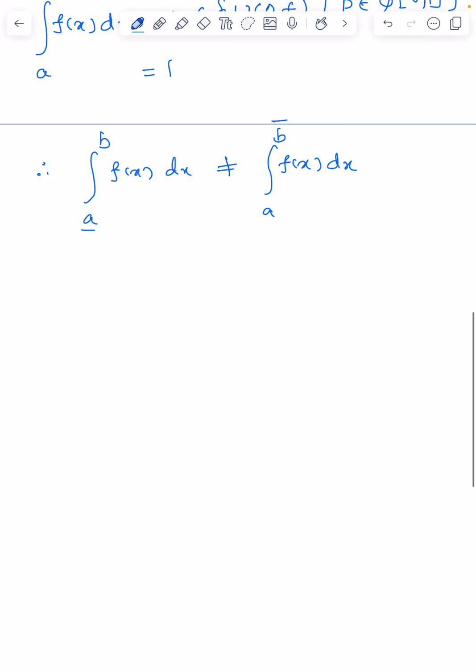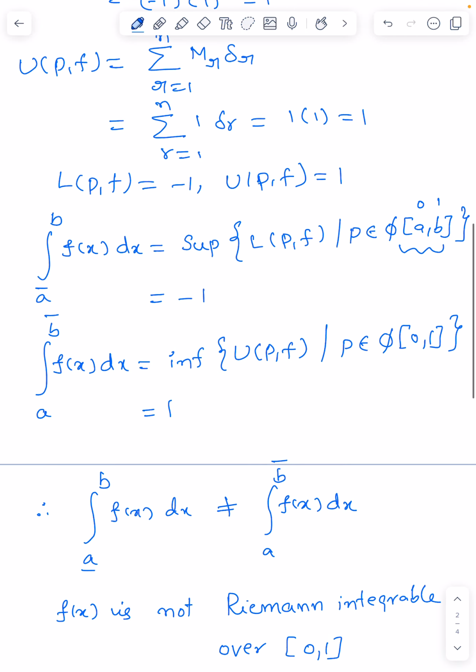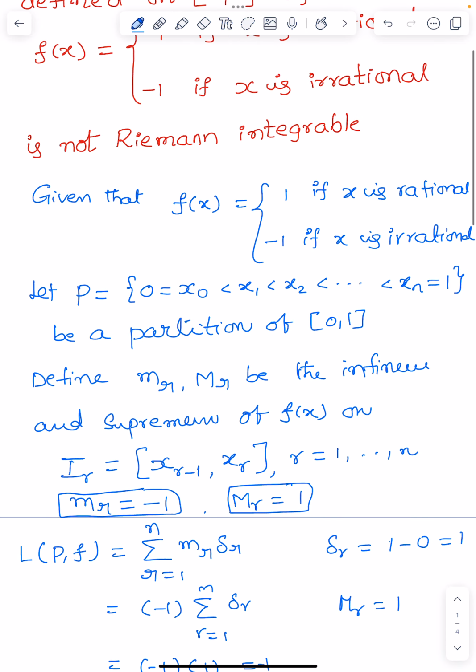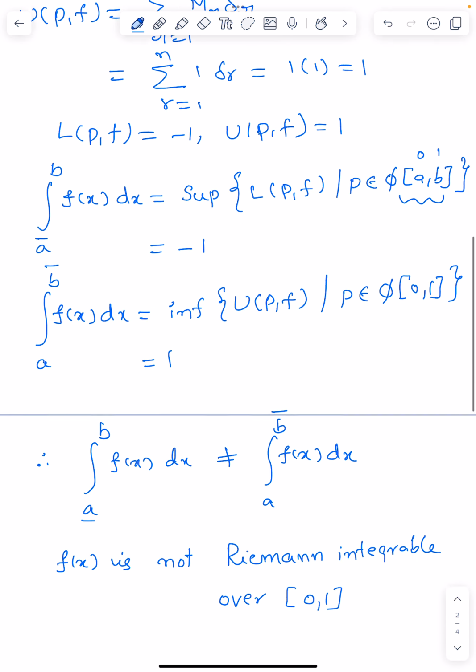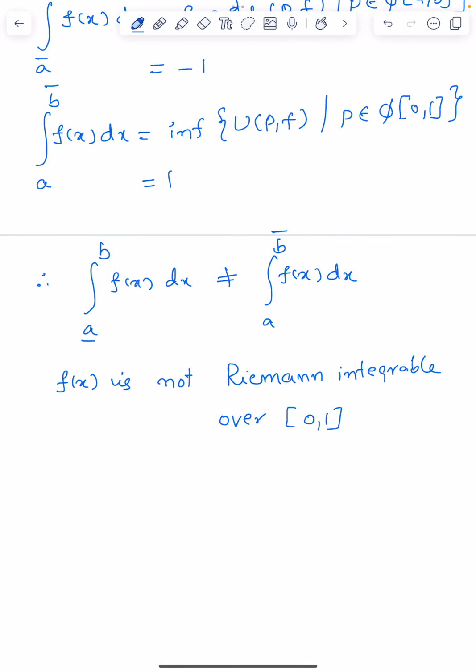This shows us the function f of x is not Riemann integrable over the closed interval [0, 1]. Because the function is defined over the closed interval [0, 1], a equals 0, b equals 1. Anyway, the upper and lower Riemann integrals are not equal to one another. This gives the result that the function f of x is not Riemann integrable over the closed interval [0, 1].